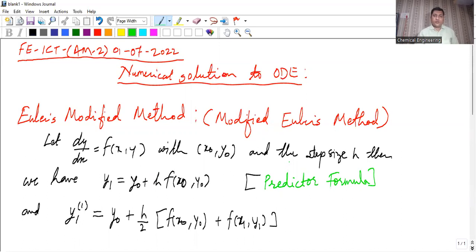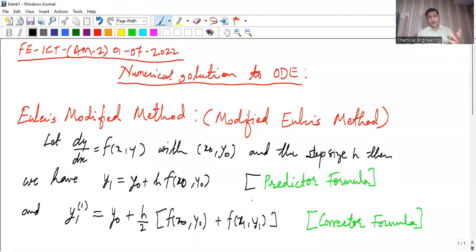And we know what this formula is called. We are correcting with this formula, so this is called the corrector formula. So we have a predictor formula and a corrector formula, and we go on correcting till we get the accurate answer.